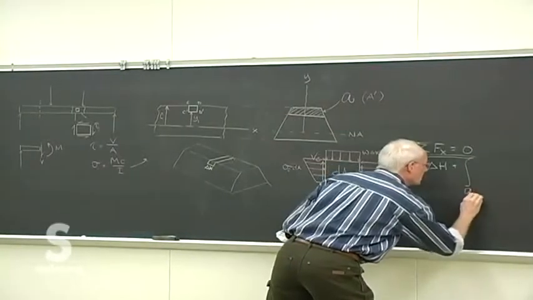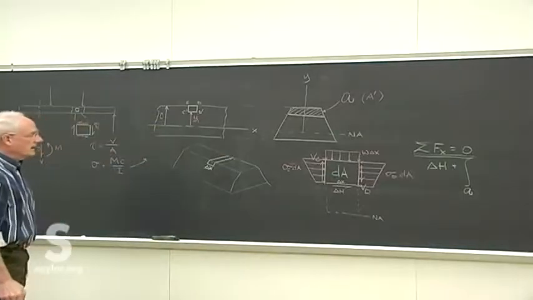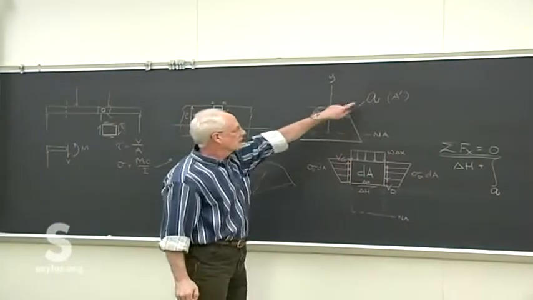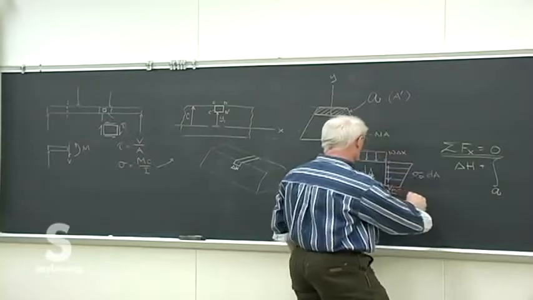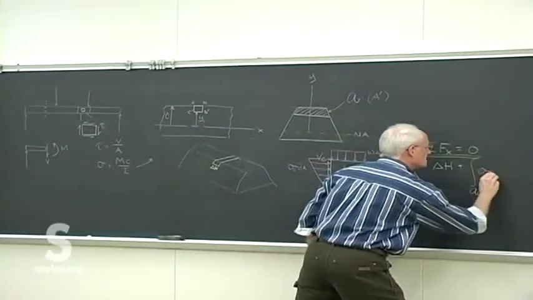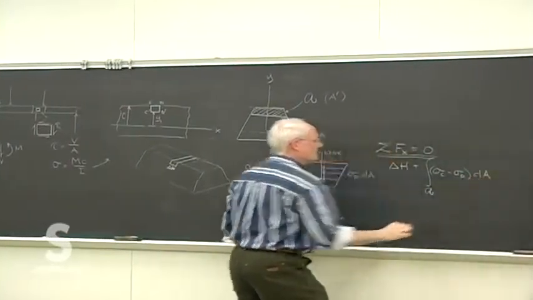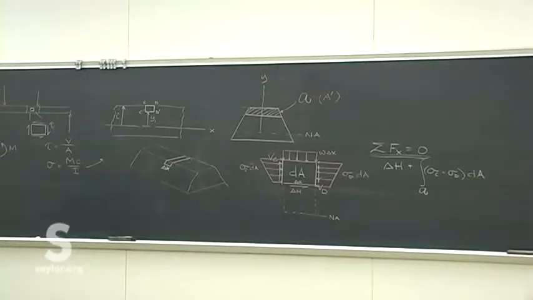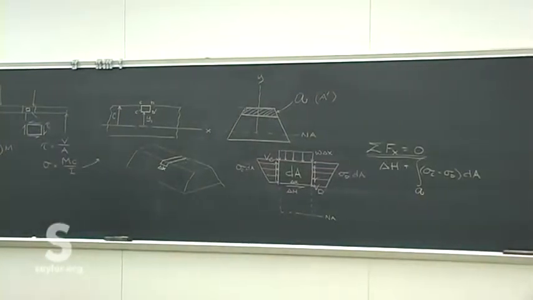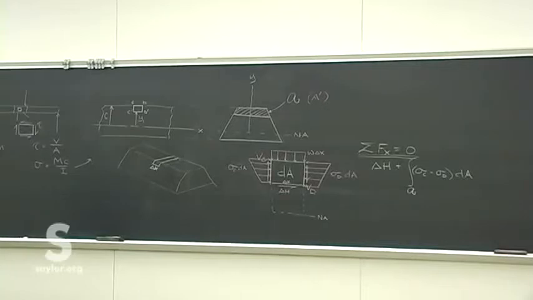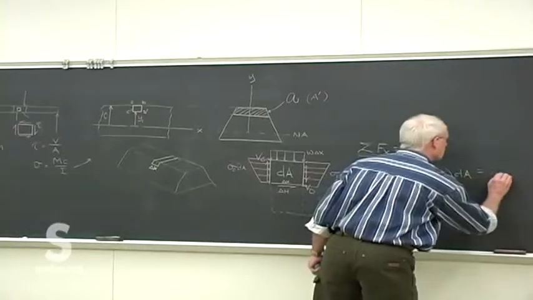So integrating over that whole area A, this whole cross-sectional piece there, it's sigma C minus sigma D dA. All right, I think we're okay, and that's got to equal 0.